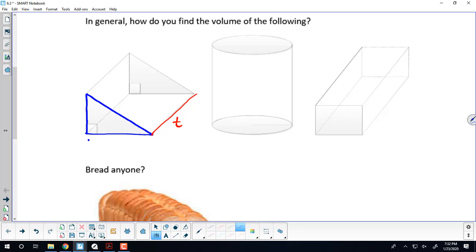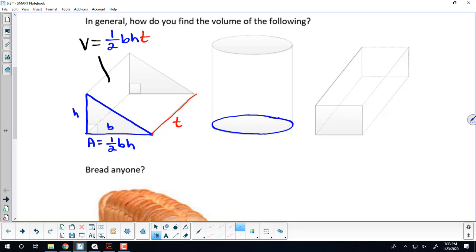So we know this area is 1/2 its base times its height. So then the volume of this region is just that, 1/2 the base times the height times the thickness. Same thing here. If we were to slice this way, let's say horizontally, all of our cross sections would be circles.